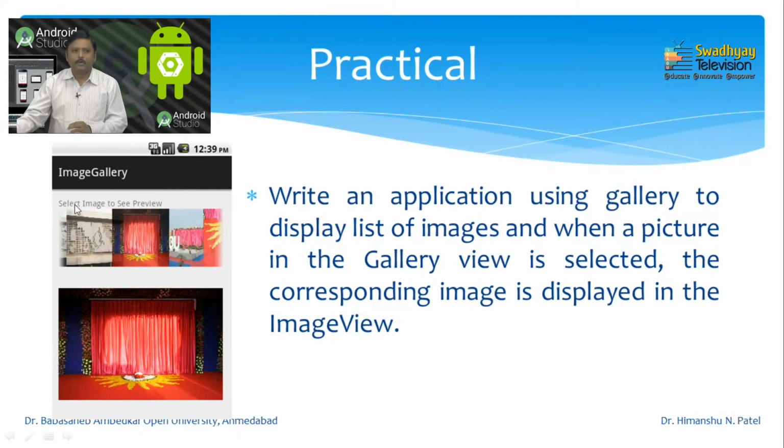Here is a text view which shows select item to see preview. Inside gallery you can have a number of images displayed, and you can scroll these images for further images which are not shown here, and when a particular item or image is selected inside gallery, we can have its larger view inside the image view below. So, this application we will write.